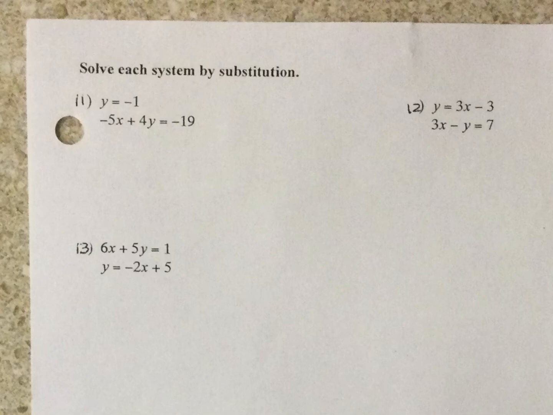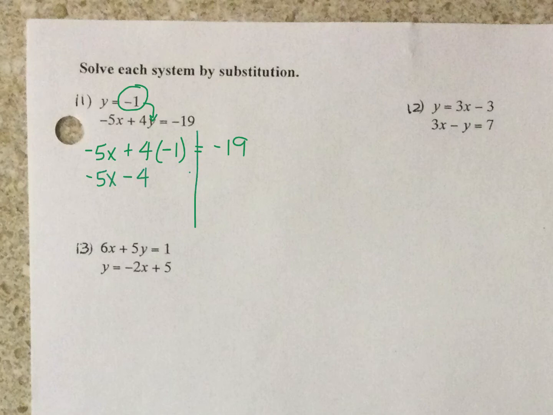In number 11, we're going to use a substitution method. That means negative 5x plus 4 instead of y. I'm putting a negative 1 equals a negative 19. Negative 5x. 4 times negative 1 is negative 4. I need to add 4.